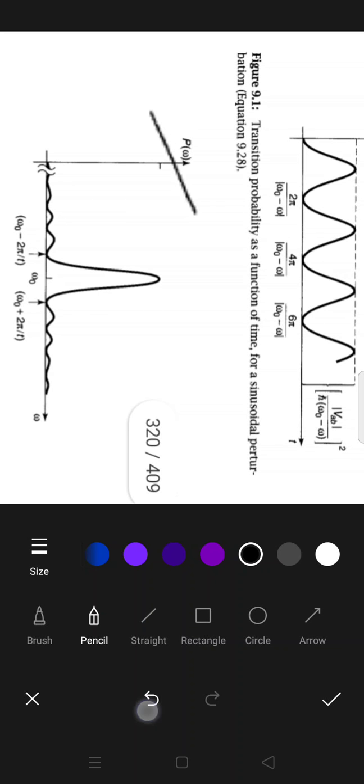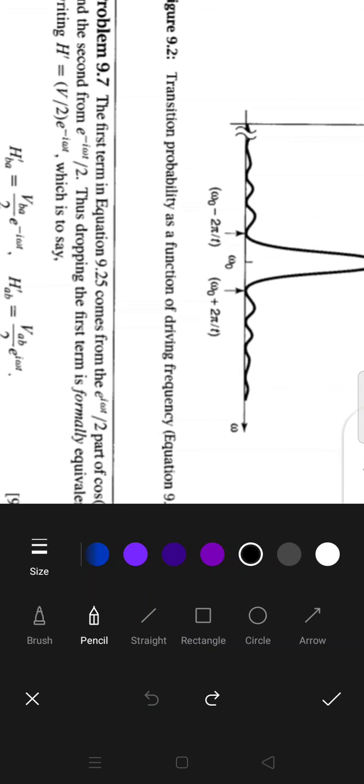So what we have learned today is the zeroth order, first order and second order, and from that we have found the transition probability. Okay, thank you.